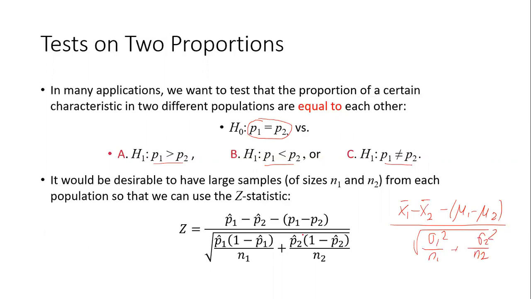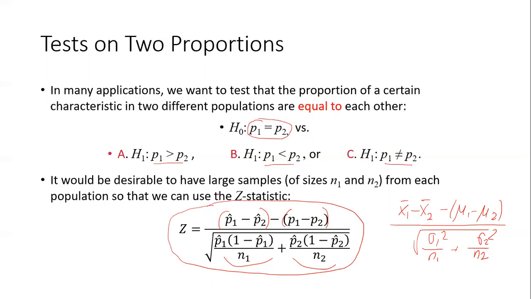So just similar to this, I can use this statistic: p1 hat minus p2 hat minus p1 minus p2 divided by, so this is the variance of p1 hat, this is the variance of p2 hat. I just sum them up and take the square root of this. So this is approximately standard normal.